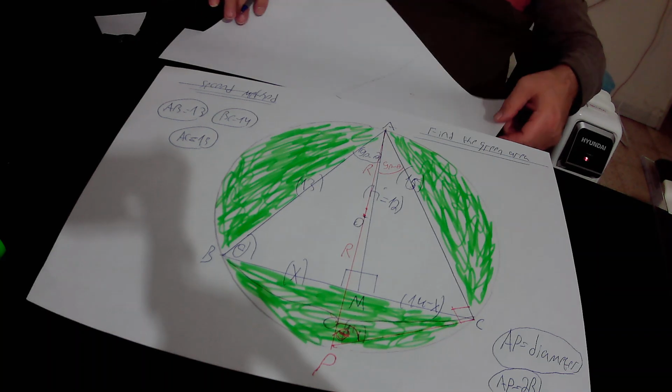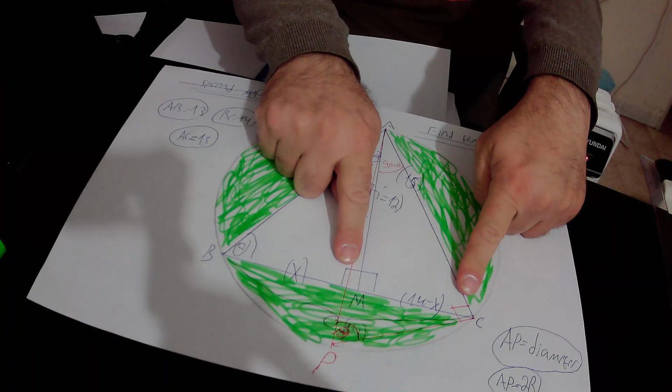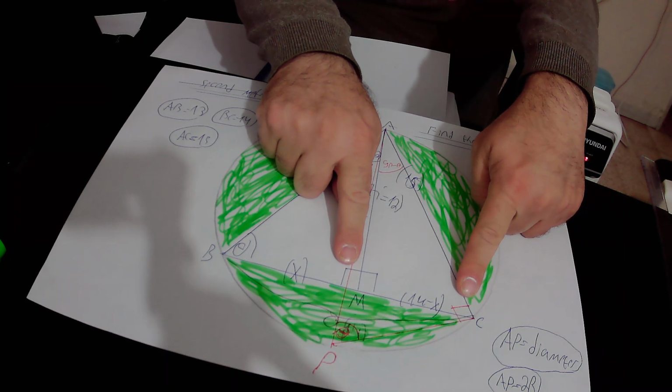In addition, we have those two angles are both equal to 90 degrees, therefore they are equal to each other.